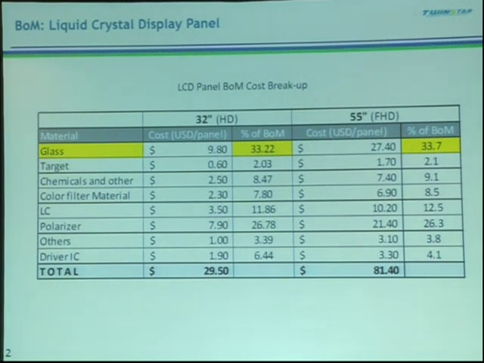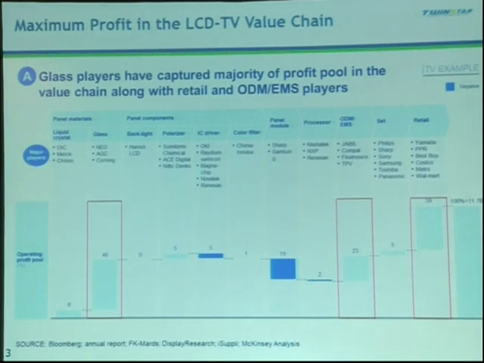And if we look into the operating profits, even in that region, glass enjoys the maximum operating profits with a staggering 46%.